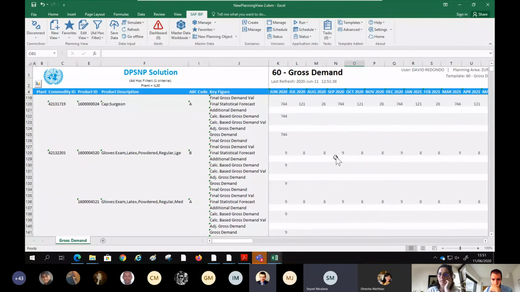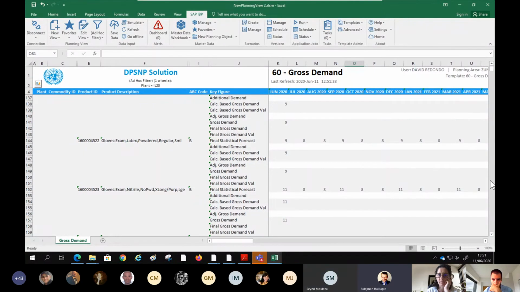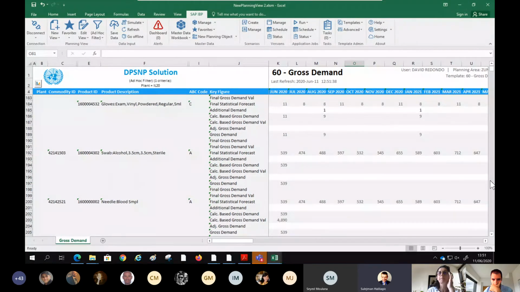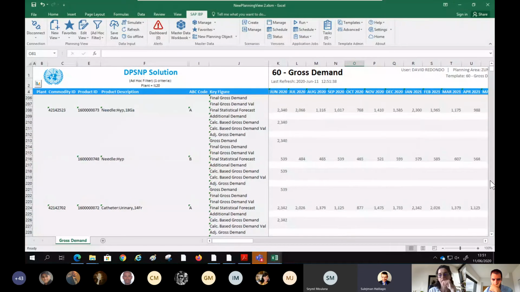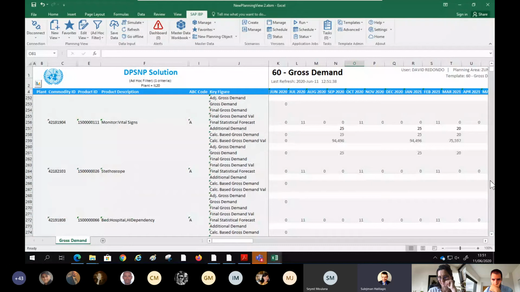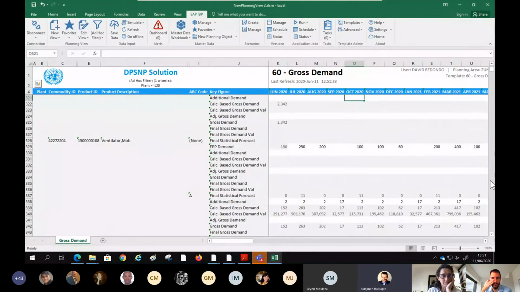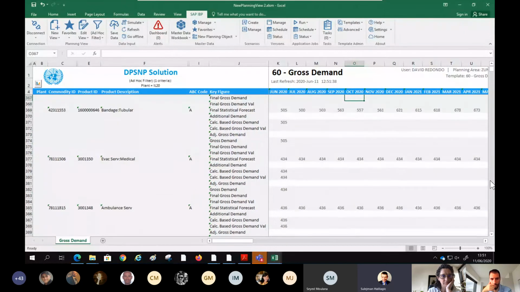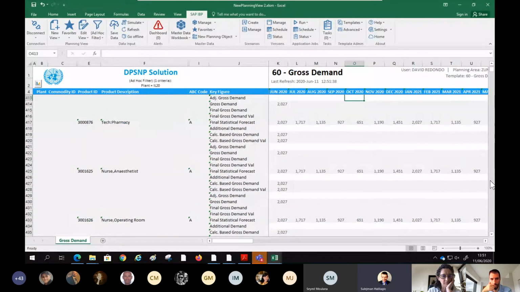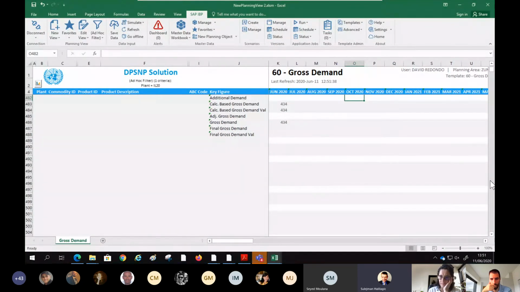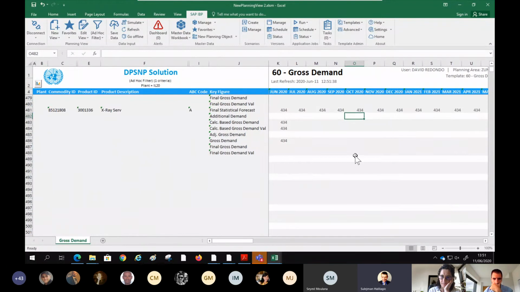Dinesha, just on this question, we cannot have gross demand editable because we don't know where it comes from. If a user is allowed to change it, then this whole process doesn't have structure, because we have demand coming from 3 buckets, and if a user is able to just change the final gross demand by editing, I think that is very problematic.